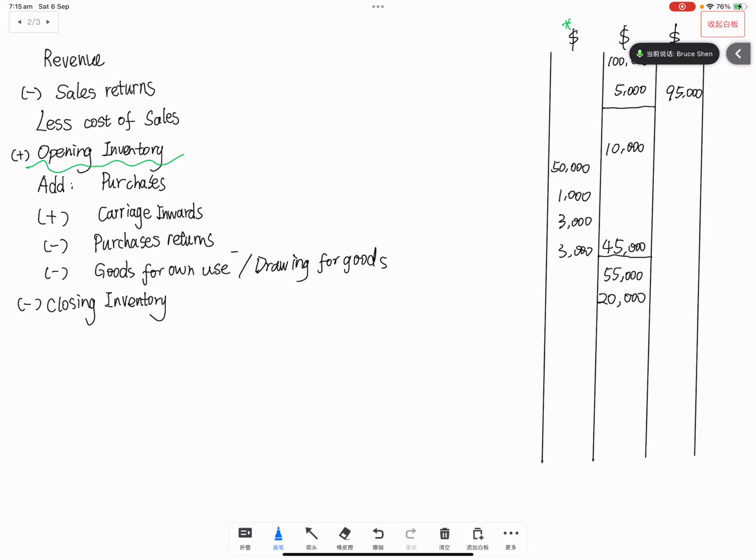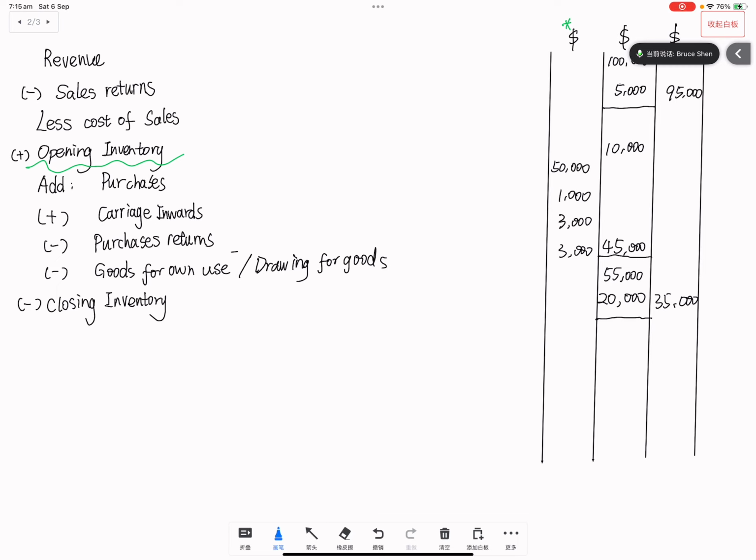It's 35,000. So during this financial year, we had the actual cost of sales of 35,000. We include, of course, the basic cost, and also some transportation like carriage inwards.